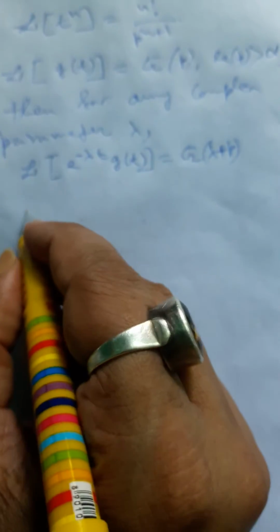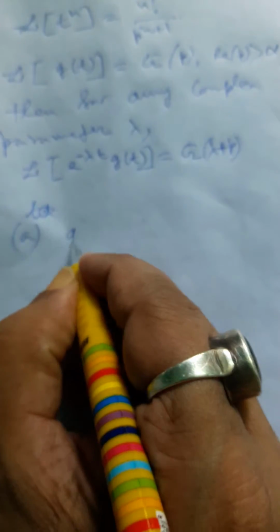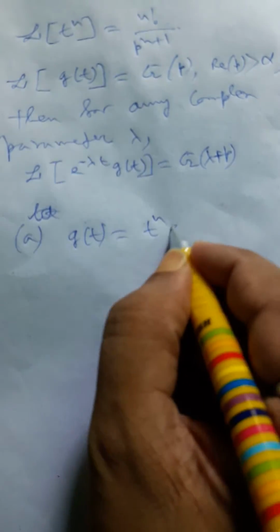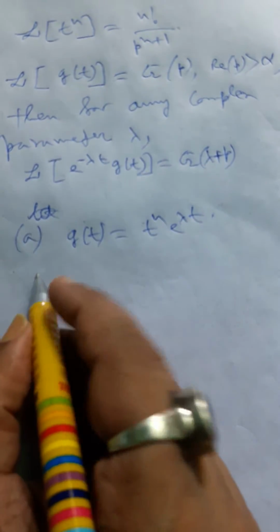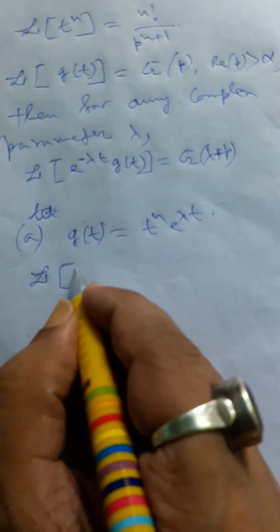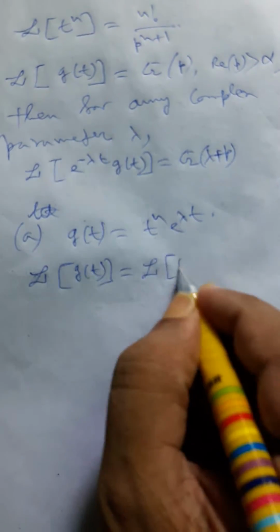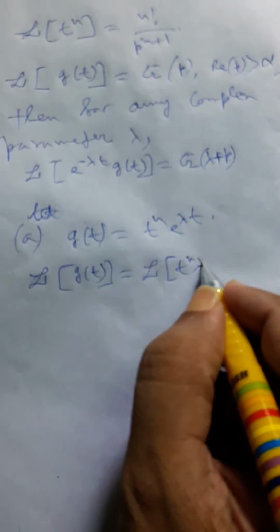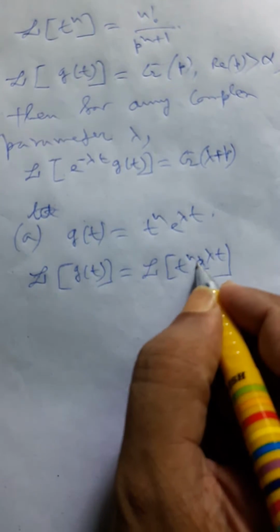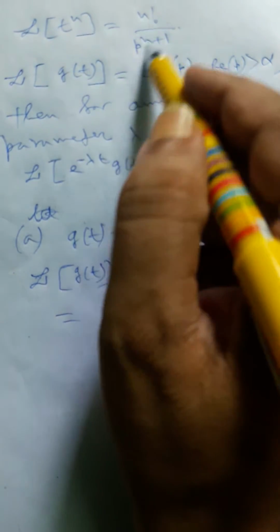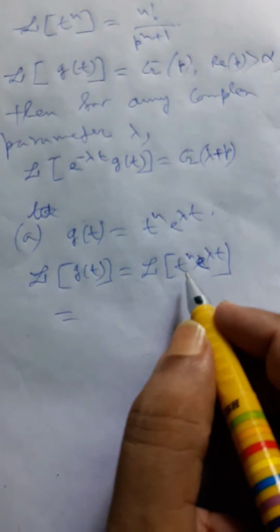First of all, for example 1, if we consider a function g(t) equals t to the power n e to the power lambda t, what happens there? Then the Laplace transform of g(t) will be the Laplace transform of t to the power n e to the power lambda t, and we know the Laplace transform of t to the power n is n factorial by p to the power n plus 1.